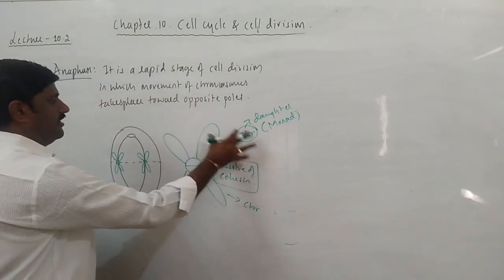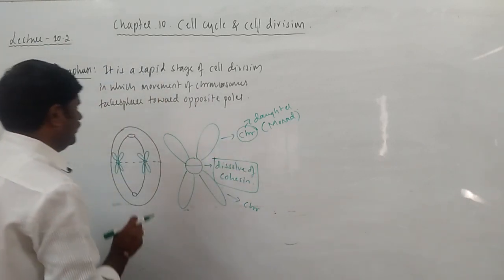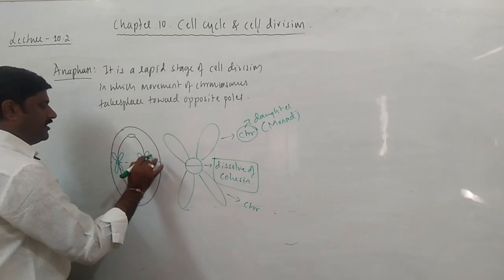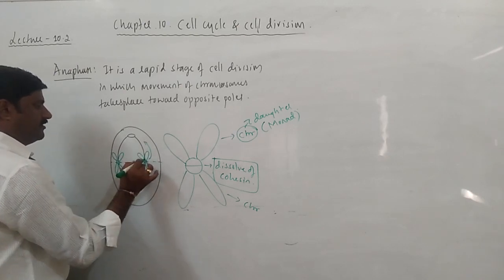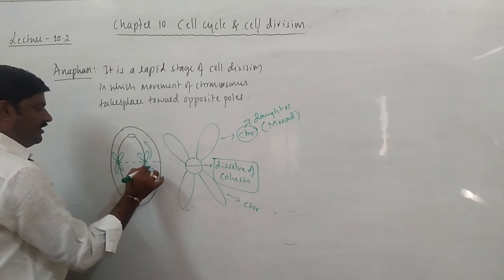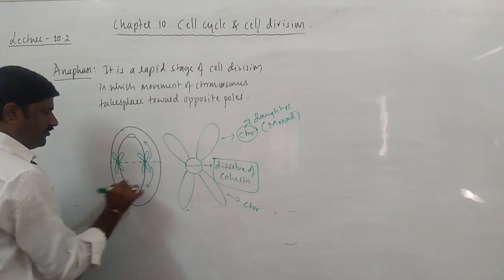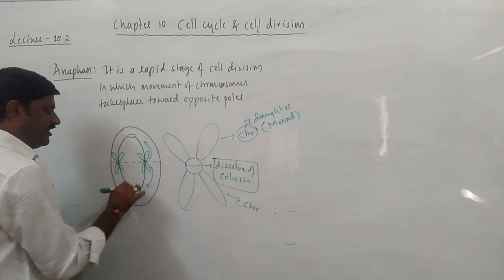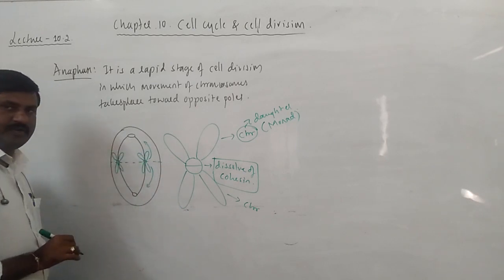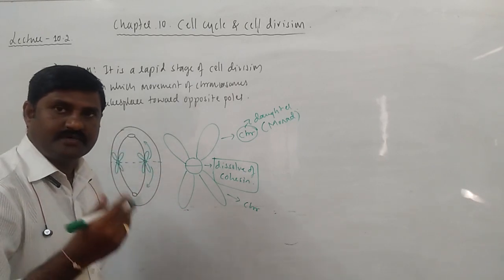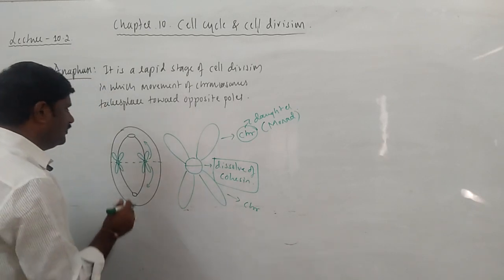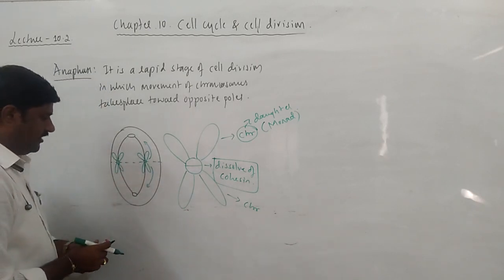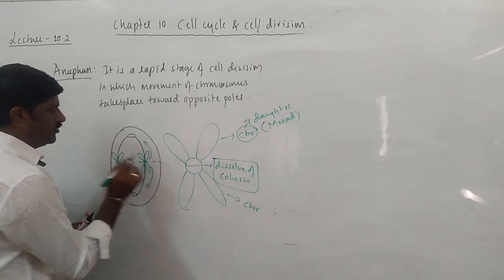See here, this kind of chromosomes are moving apart from each other. This part of the chromosome is moving this way and this part is moving this way. Why? Because these are attached to separate spindle fibers, which are continuous spindle fibers. Sometimes they are attached to the spindle fibers along with chromosomal fibers.